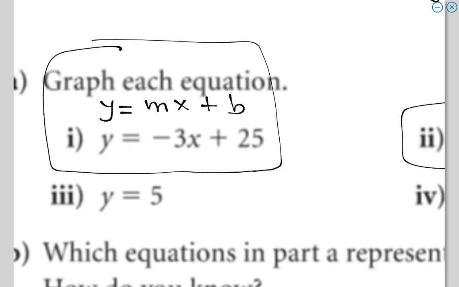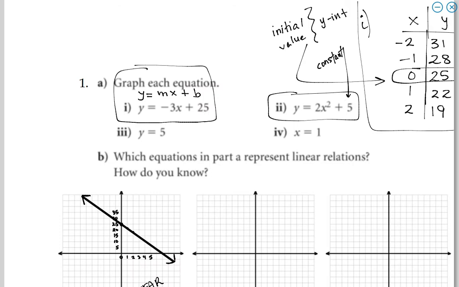What degree is the linear one? Power 1. So if you get an equation, look at the degree. Power 1 is linear. So degree 1, linear. Any other degree, non-linear.